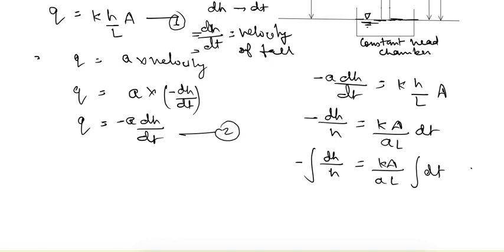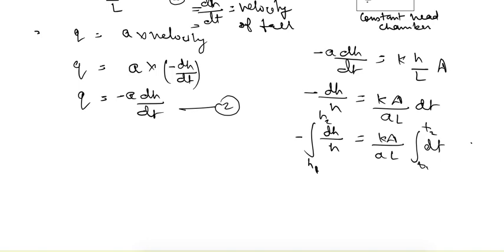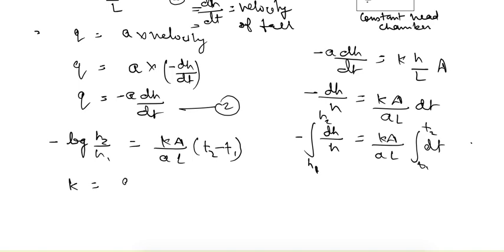So the limits of integration will be h1 to h2, and here it will be t1 to t2, and so from here it will be equal to minus log h2 by h1, here it is kA times aL, t2 minus t1, and if we rearrange this, we will get k is equal to aL upon A t, so t is equal to t2 minus t1.